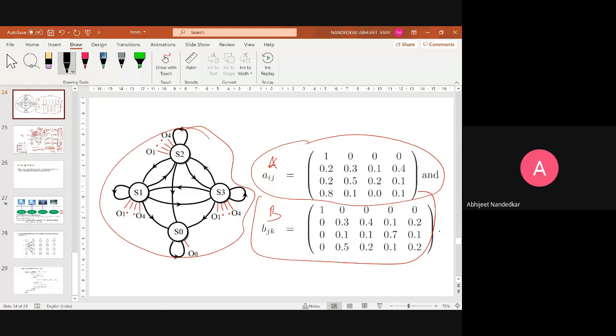Once you land on S0, your transition is from S0 to S0 itself. Since you cannot move, this is called an absorbing state. So decoding means you calculate all alphas and choose a path of max alpha for each time step.